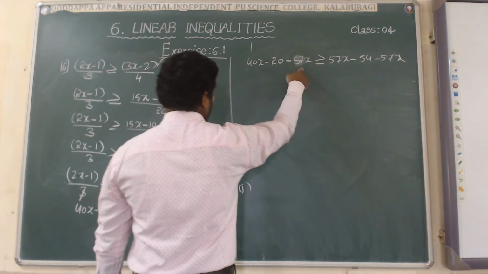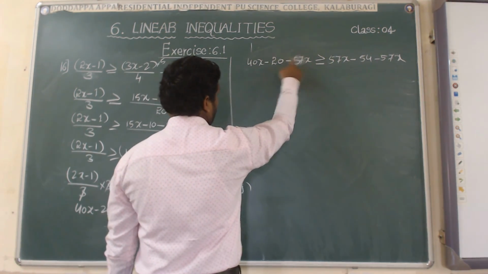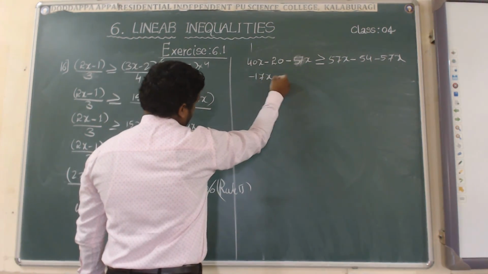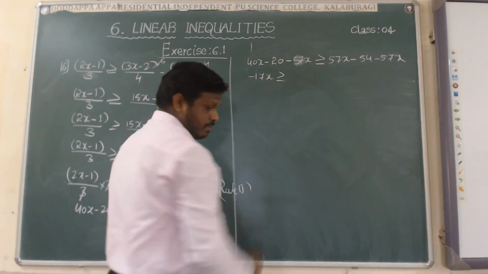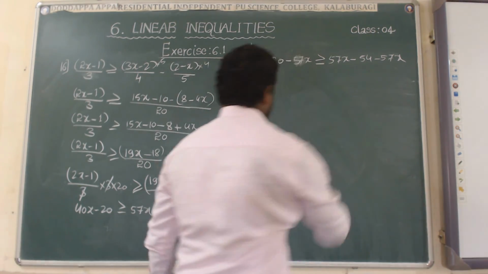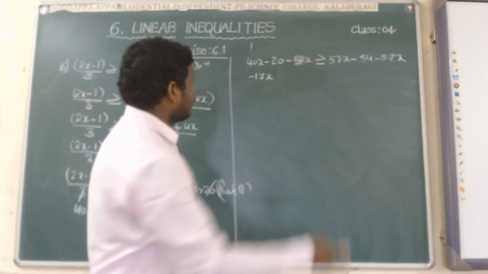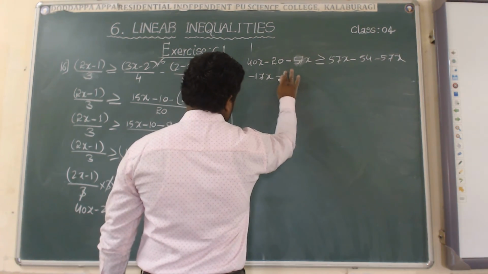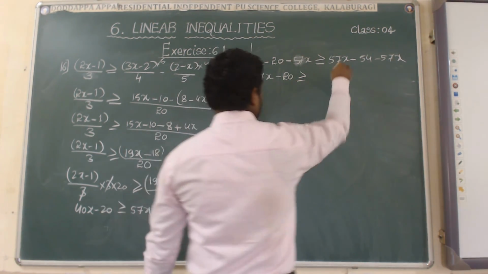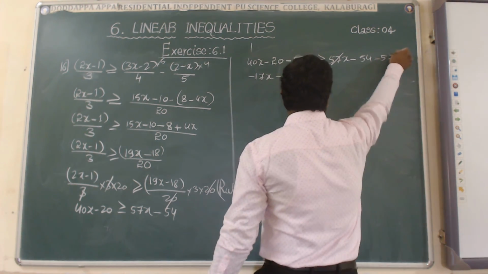Okay, simplify this. So how much does it become? This becomes minus 17x, and one more thing, there is minus 20 as usual, is more than or equal to, this positive 57x and negative 57x becomes 0.